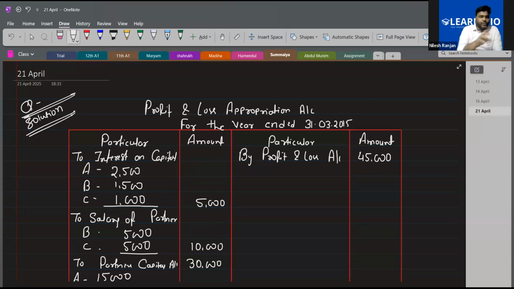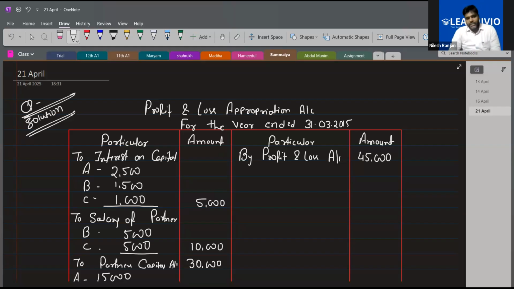And to add it back, you need information about salary. So they will give you the amount of salary, or a per month figure, per week figure, or per annum figure. In any form, they will give you the salary. You don't have to calculate it. If it is given per month, then you have to multiply it by 12. That's it. This is the information we will get in the question. But it is not like that salary is fully missing from the question and you have to calculate it. No, that is not the case. You will be given some information and you have to use it to calculate salary.